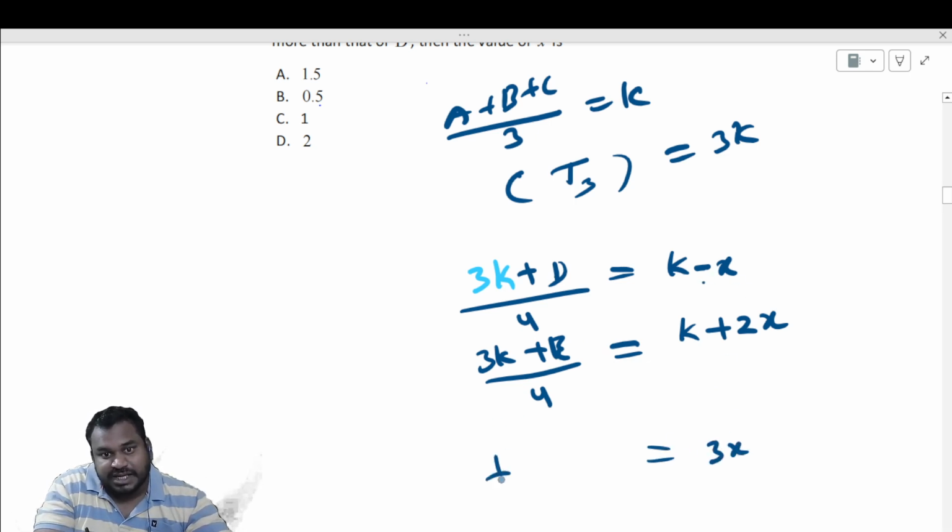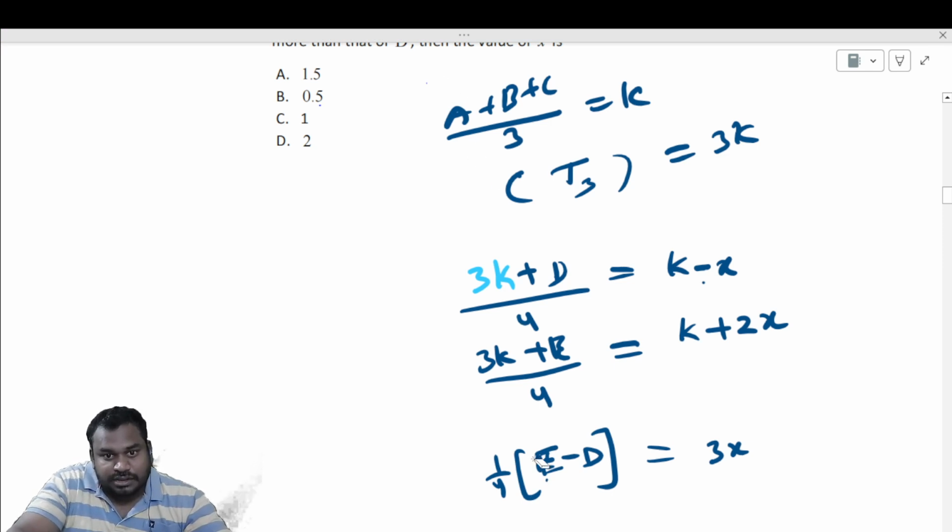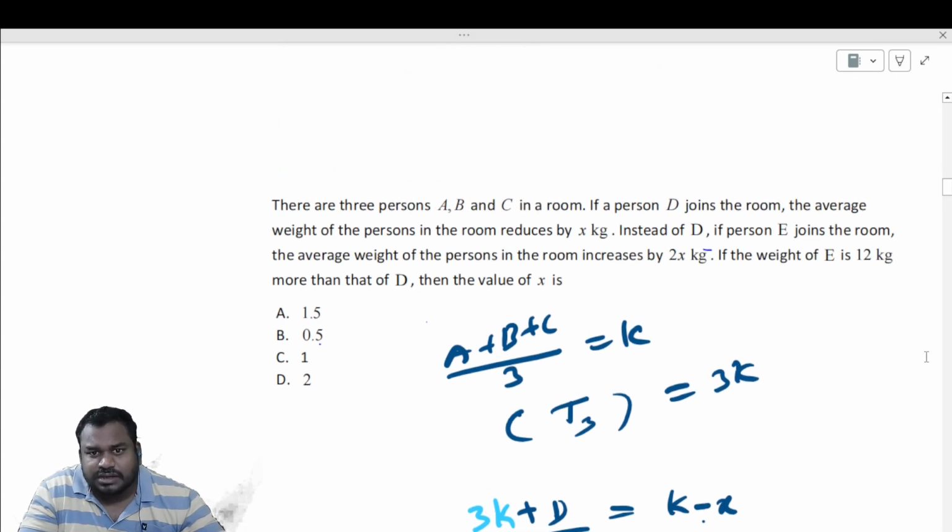And on the left side, I'll take 1 by 4 common. 3k gets cancelled, then it will become E minus D. So from this, the weight of E is 12 kg more than that of D. The weight of E is 12 kg more than that of D means E minus D is given indirectly as 12.